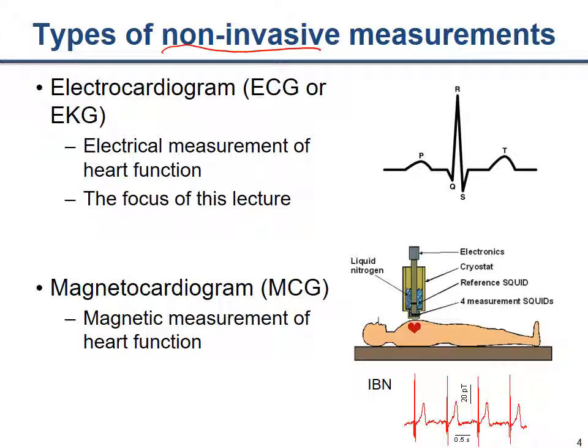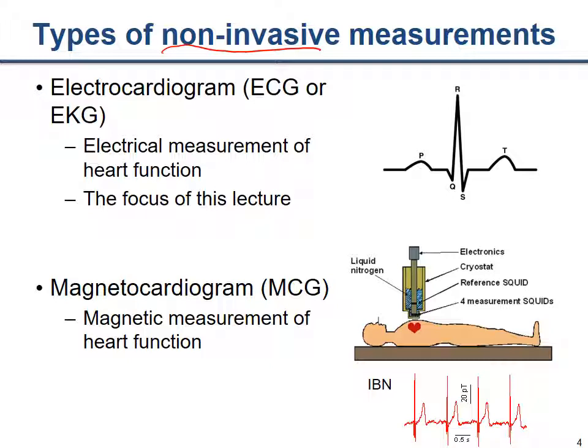magnetocardiogram, or MCG. This typically is much more difficult to measure than ECG. As we'll see, ECG we can easily measure with just some fairly basic electrodes, whereas MCG needs very sensitive magnetic field sensors.